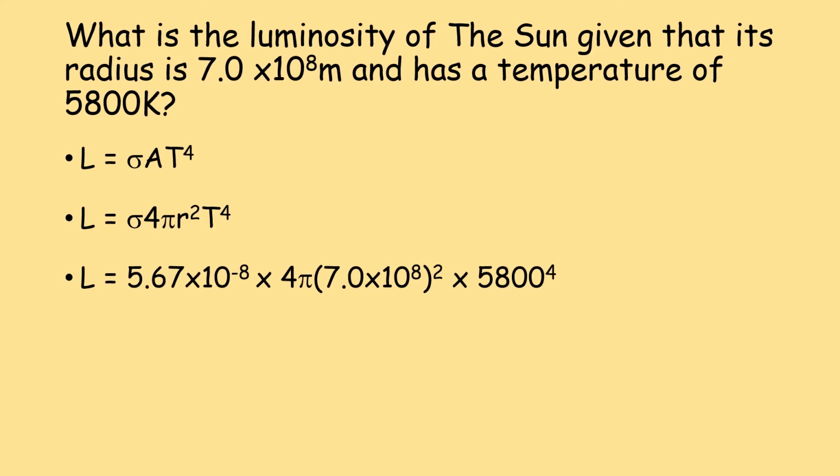So we can just plug these numbers in now. We know that the Stefan-Boltzmann constant, 5.67 times 10 to the minus 8, multiplied by 4 pi times 7 times 10 to the 8 squared, multiplied by 5,800 to the power of 4. If we put all those numbers in, we end up with a luminosity for the sun of 3.95 times 10 to the 26 watts. That's a lot of power, which is what we expect given that the sun is the energy source for the planet and the whole solar system.